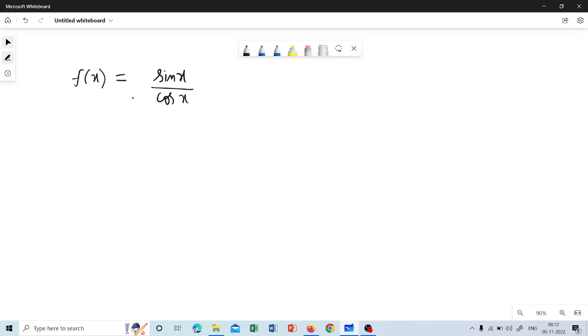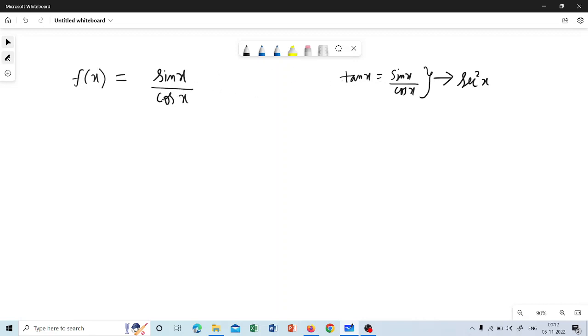What is the differentiation of this? Compute the differentiation of tan x using the quotient rule. So tan x I can write as sin x by cos x. To be particular, we know that the differentiation of tan x is secant square x.